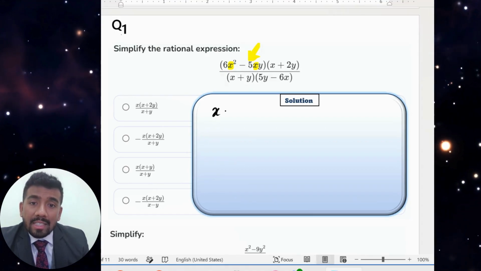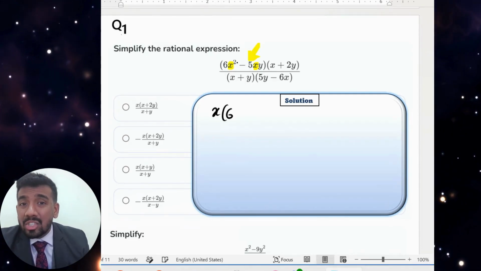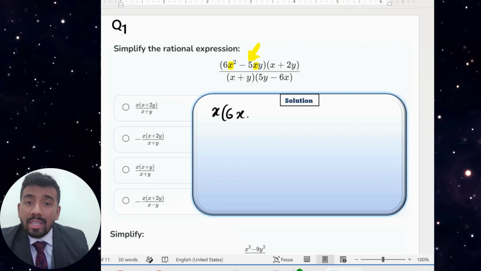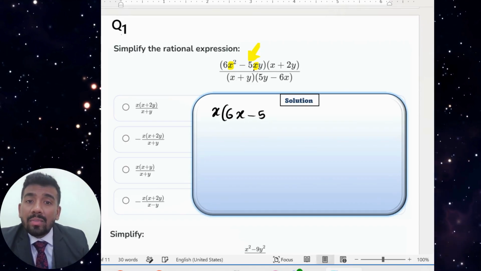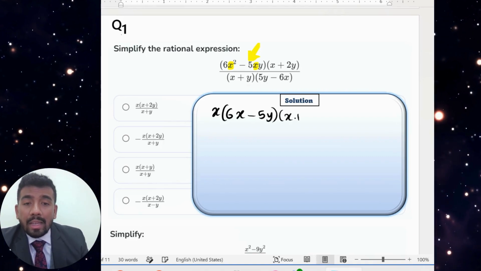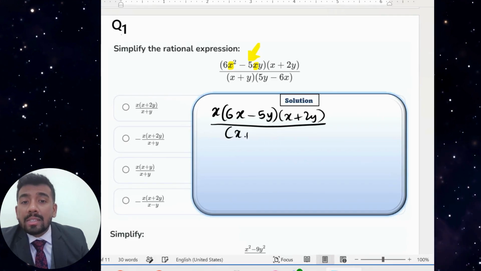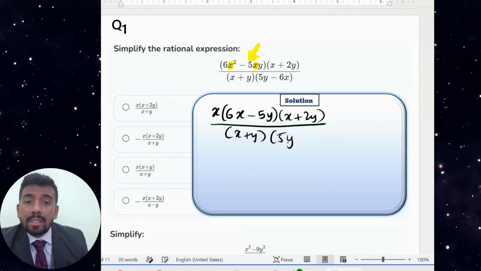If I take the x outside, what will remain here? 6, I have not touched it, and from this x squared, 1x I have taken outside, so 1x is still there. Minus 5, again x is gone, so there is no x, only y. And the rest of the brackets I will not touch, they will be as they are.